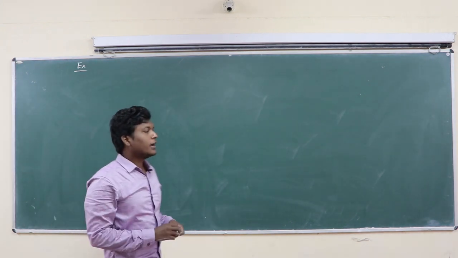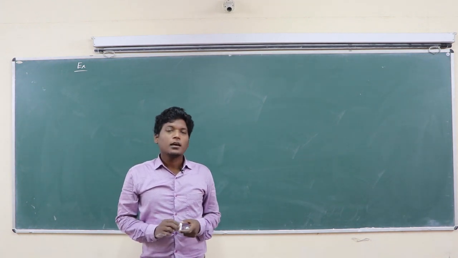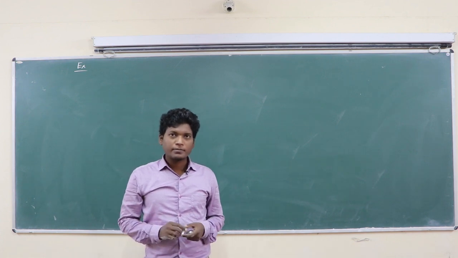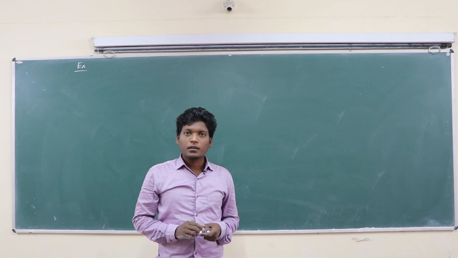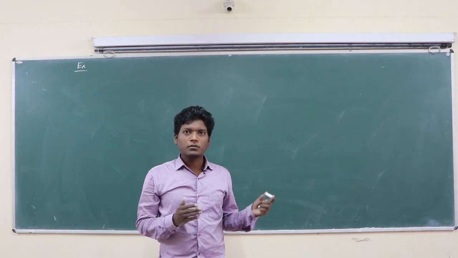So the example is: write a program in C to calculate the percentage of 5 subjects and check whether a student is pass or fail. If pass, then with what division?